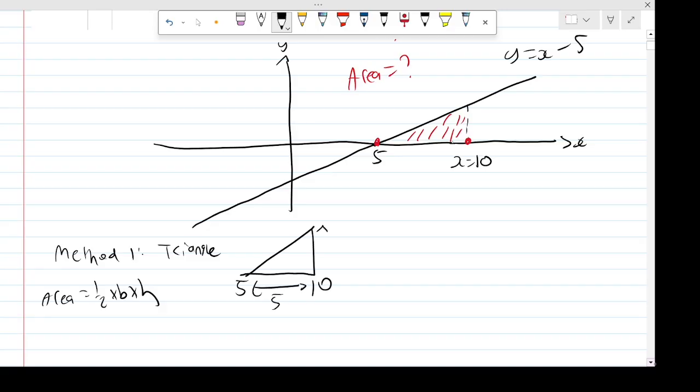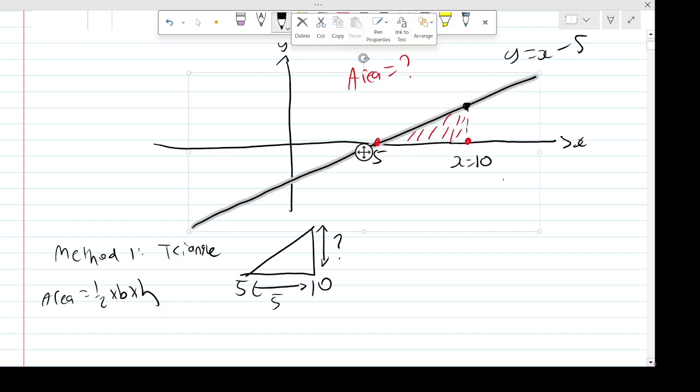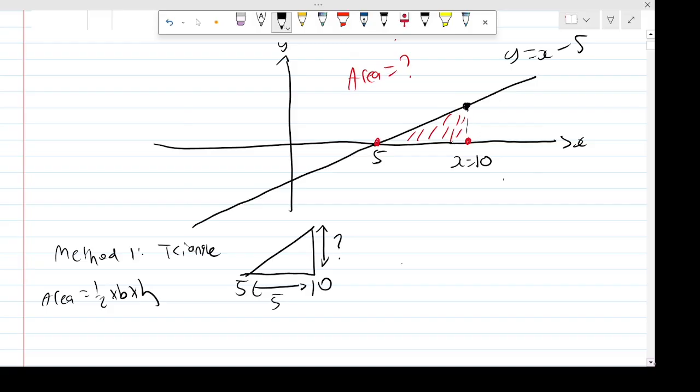Well, what about the height? We don't know how to get to that. What we are given is the equation of the line, so we can find that point there, the y coordinate, when x is 10. How are we going to find that? We can sub x is 10 in.